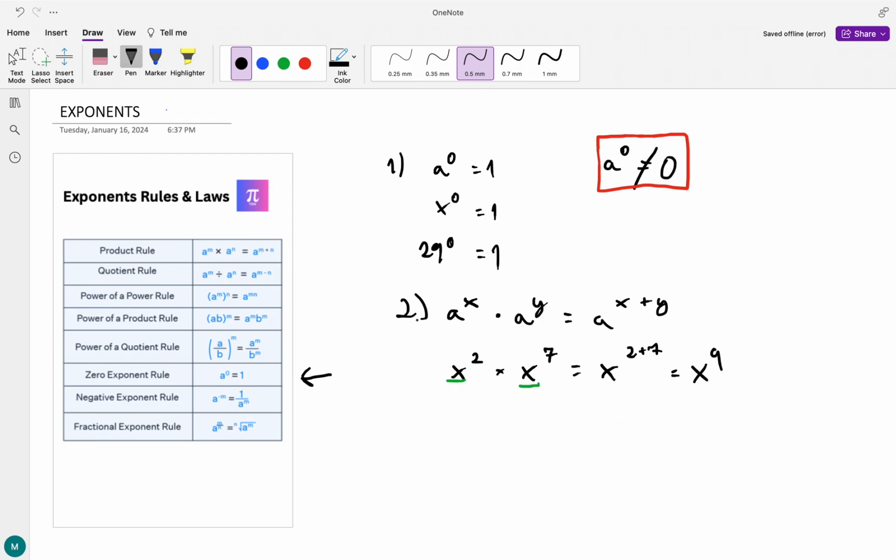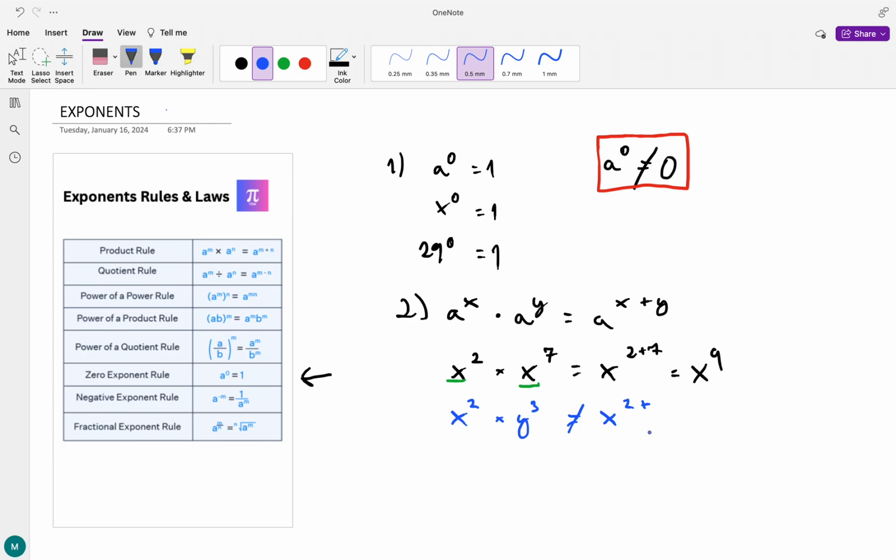Keep in mind, the base has to be the same, right? If we have an example like x to the second times y to the third, we cannot use the product rule because the base is different, right?